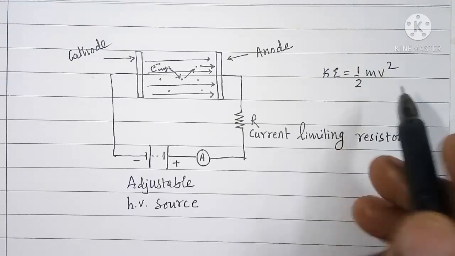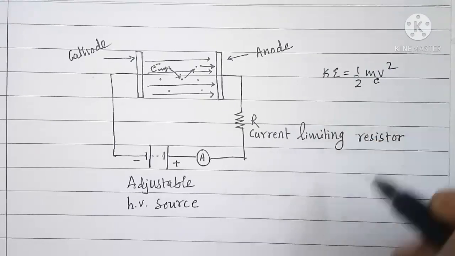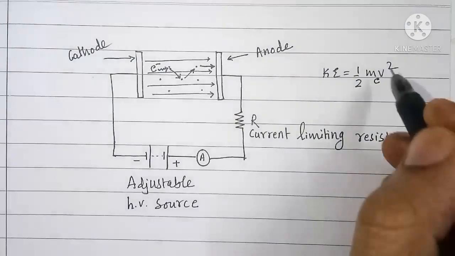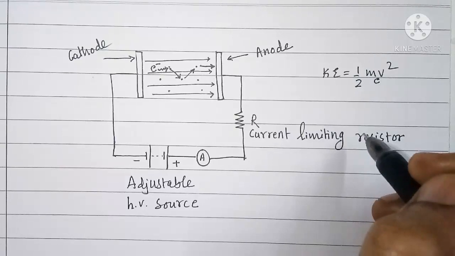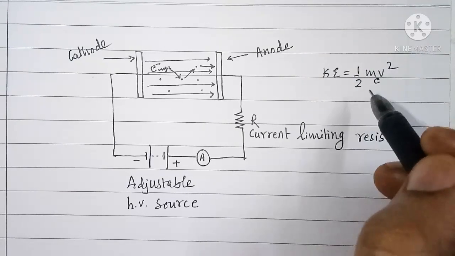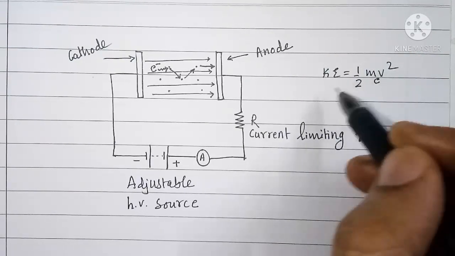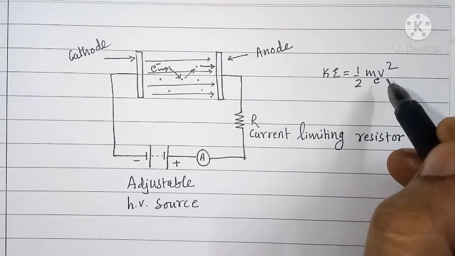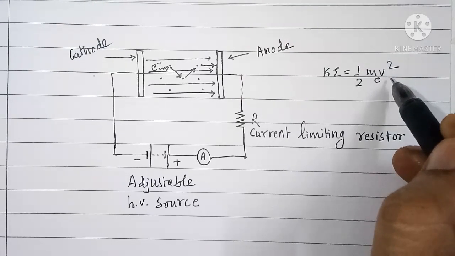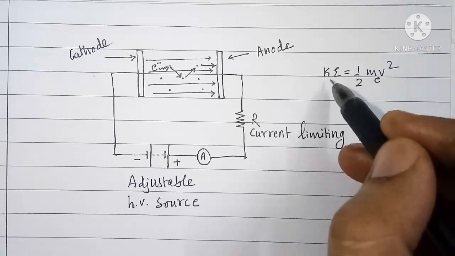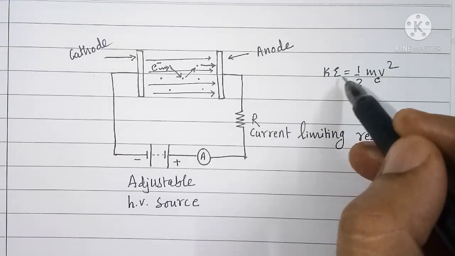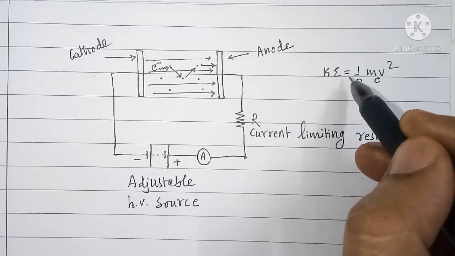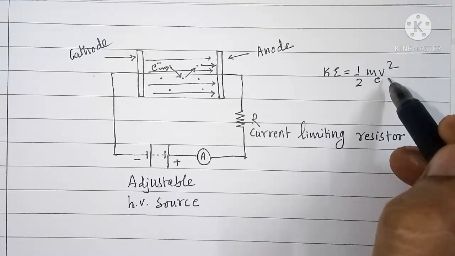here in this case m is mass of electron and v is the velocity of electron. Kinetic energy is proportional to square of the velocity. As the velocity of electron increases, kinetic energy of that electron will increase as the square of the velocity.